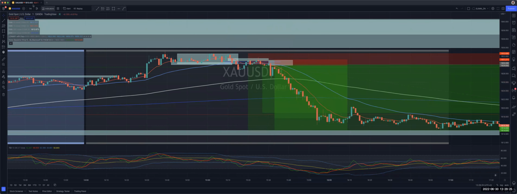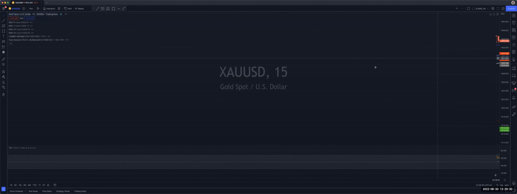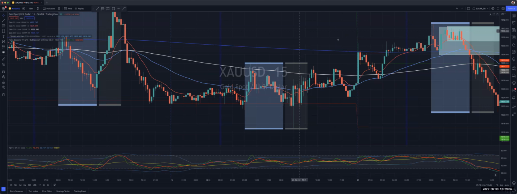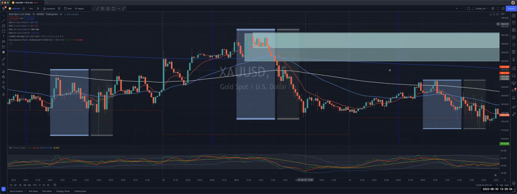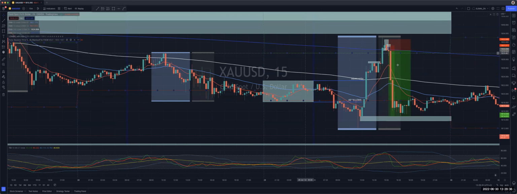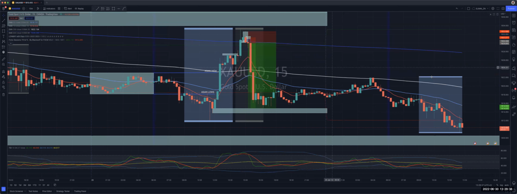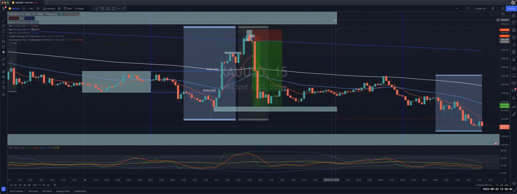Okay, so if you go back to a higher time frame like M15 just to see it from a higher time frame, you can see this is how it played out. So that was like your M pattern, a variation of the M pattern with one extended leg on the previous day's high.